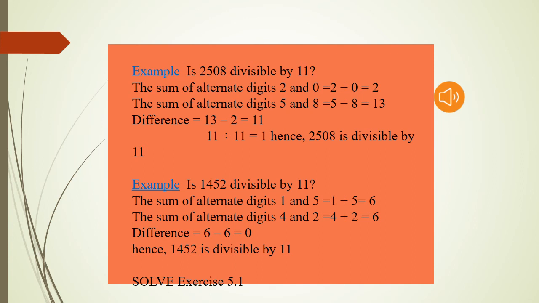So the difference between these two sums, 6 minus 6, is equal to 0. So what we can say, 1452 is divisible by 11 because our rule is stating that the difference between the sums of the alternate digits should be 0 or it should be a multiple of 11.